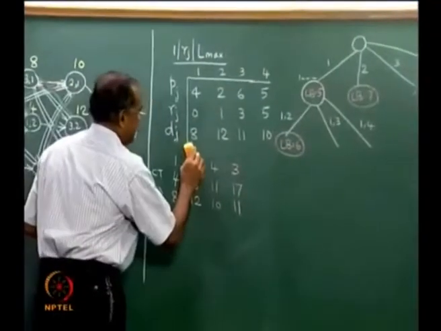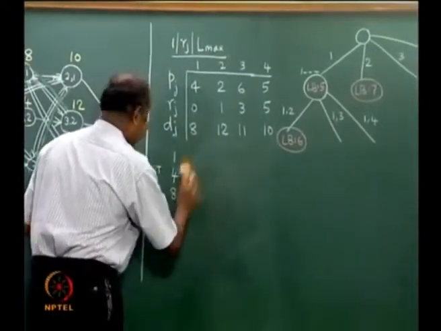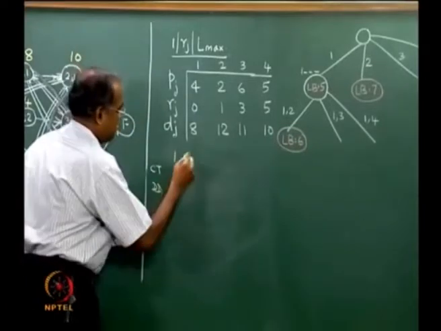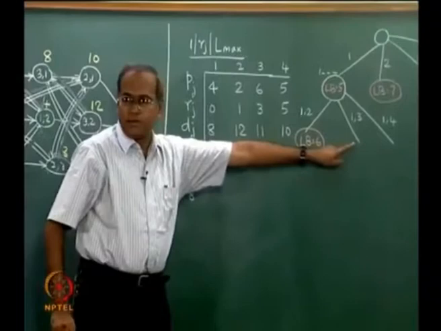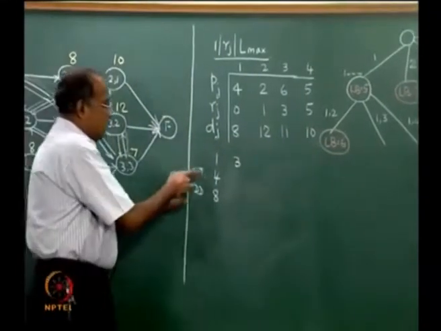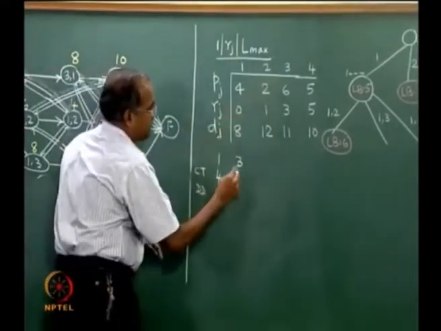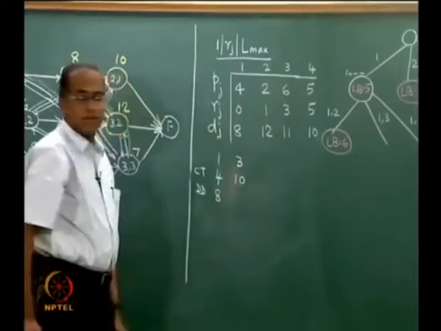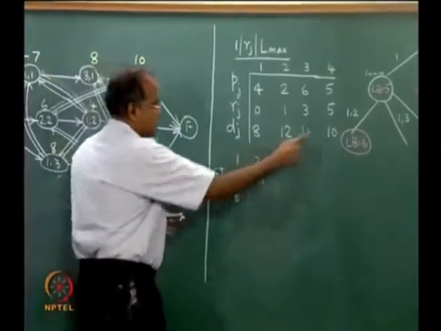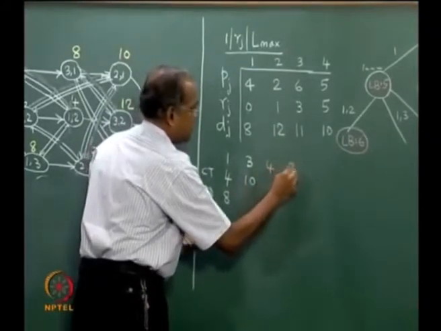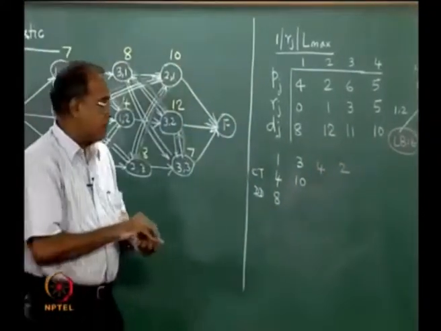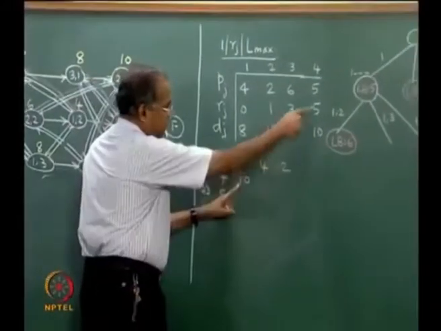Now if I do 1 and 3, which is this node, at time equal to 4 this is available. So, 4 plus 6, 10. Now, these are the two remaining things. So, I have 4 and 2. So, at 10 job 4 is available.